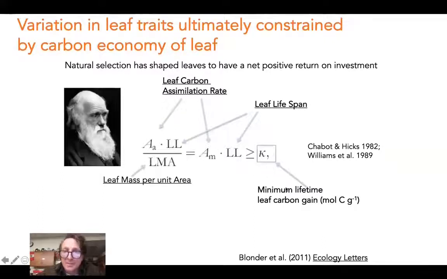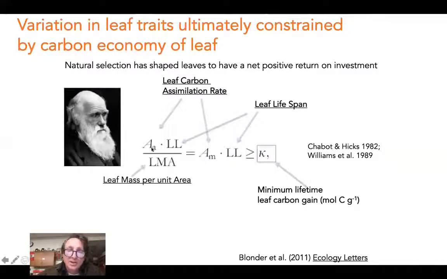So we call this the minimum lifetime leaf carbon gain. That is the amount of carbon that has to be obtained by the leaf in order to break even, okay? And if you notice here, what this says is that there are many different ways that natural selection can operate on leaf traits in order to increase this quantity on the left-hand side of the equation, right?